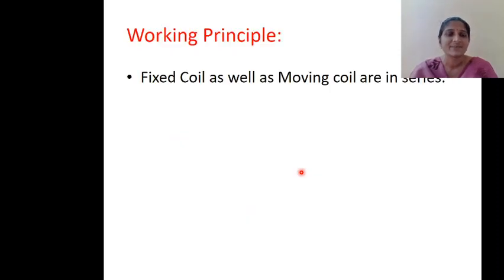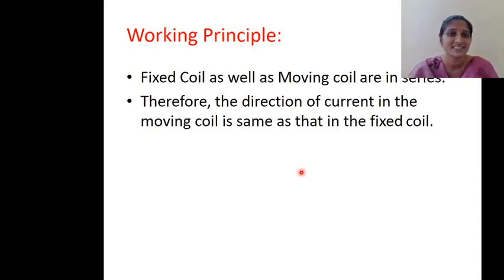Here, once again I am explaining the working principle. Fixed coil and moving coil are in series. As they are in series, whenever the direction of current in the fixed coil changes, the current in the moving coil also changes.